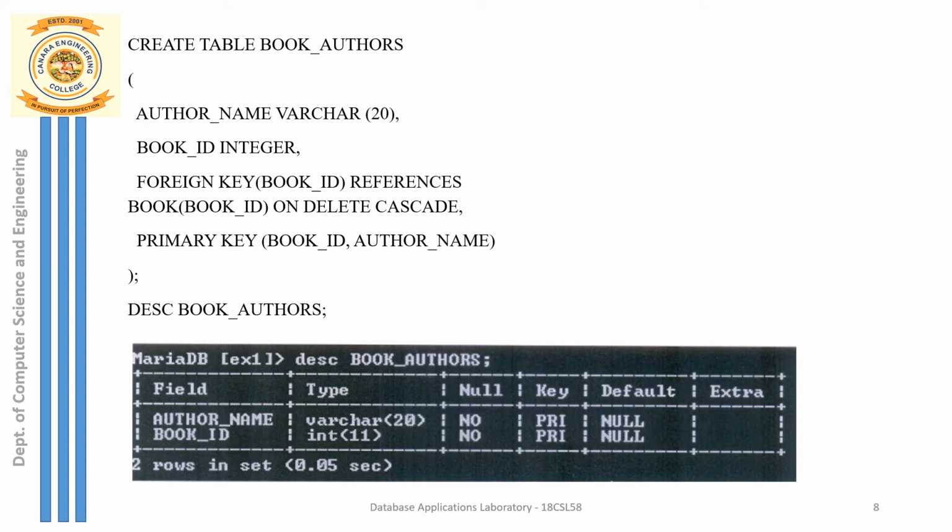The next table we have is book authors. You can see the next table that I created only after creating the book table, and the next table is the author table. I hope you have seen the tables that I created in order. The first table I created was the publisher table. Only after creating the publisher table, I moved on to the book table.